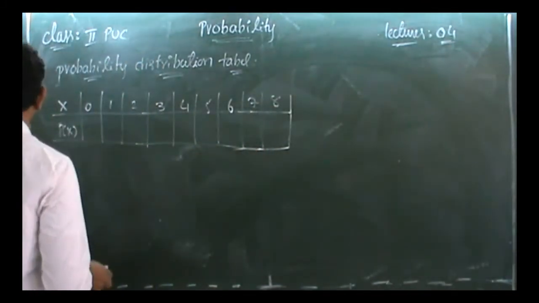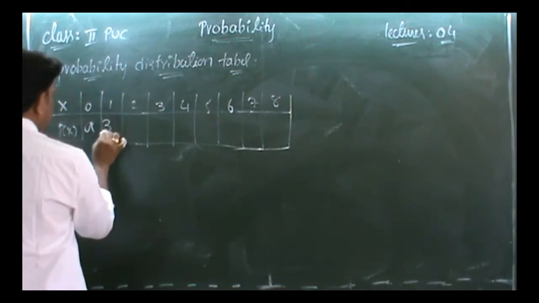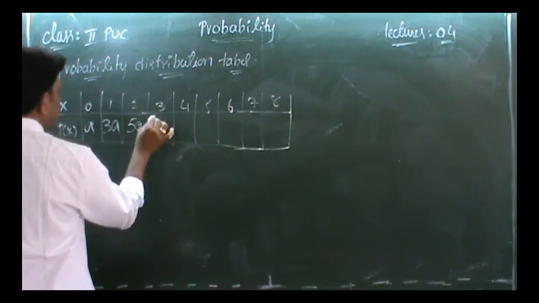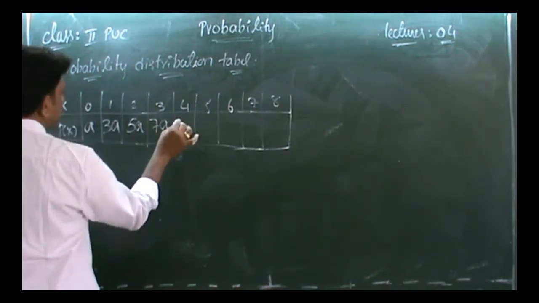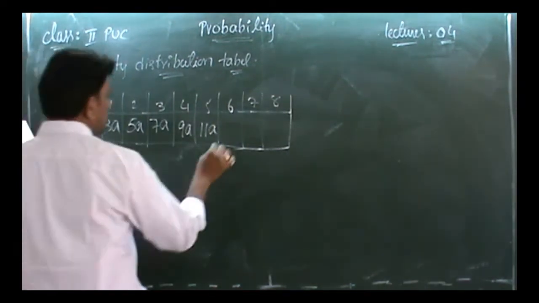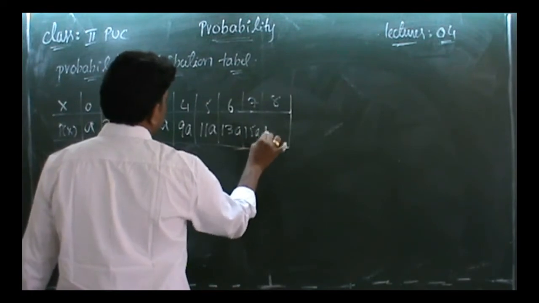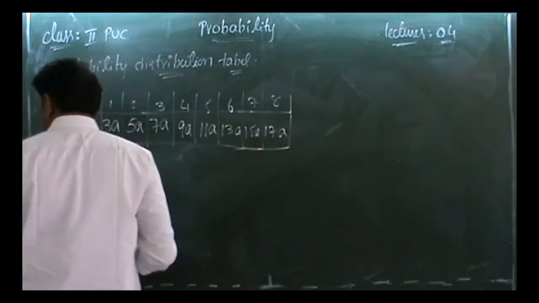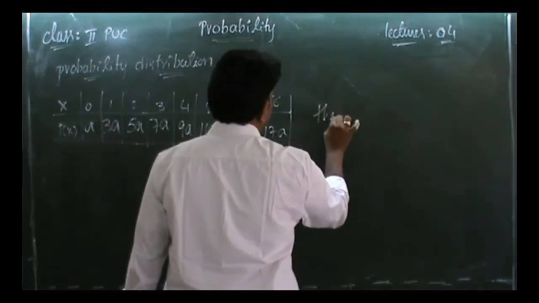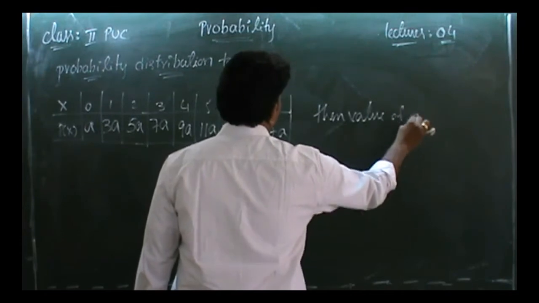And he has given P of x as: 0 value is A, next the 3A, 5A, 7A, 9A, 11A, 13A, 15A and 17A. So he is asking, then what is the value of A?